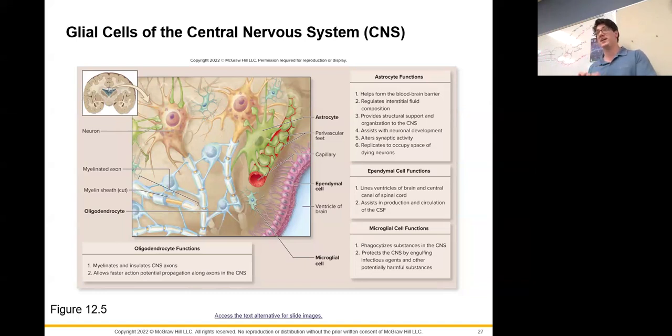If you've ever known someone that's had a stroke, this is basically because blood supply got shut off to one tiny portion of their brain, or usually a small portion. If it's a big portion, they just die. But it's usually a small portion. Blood supply gets shut down to that one small portion of their brain, and those cells are without oxygen for a few moments, and you know it for the rest of their life.